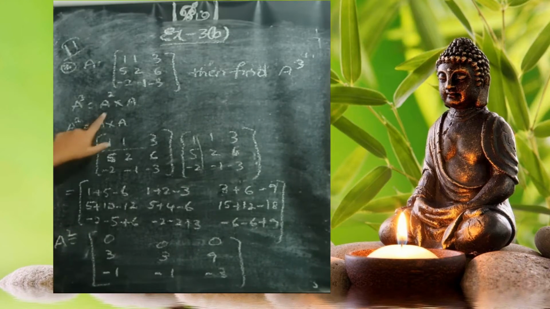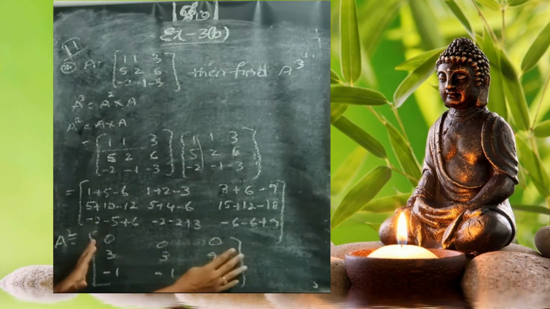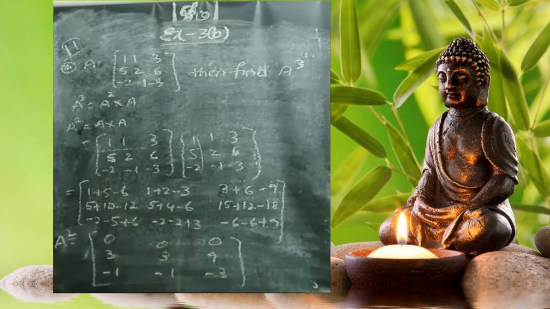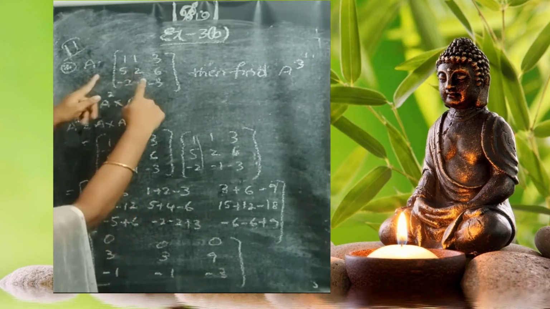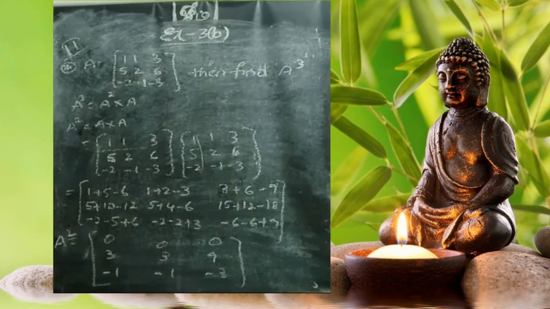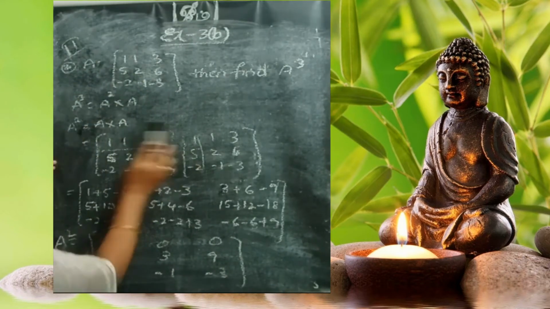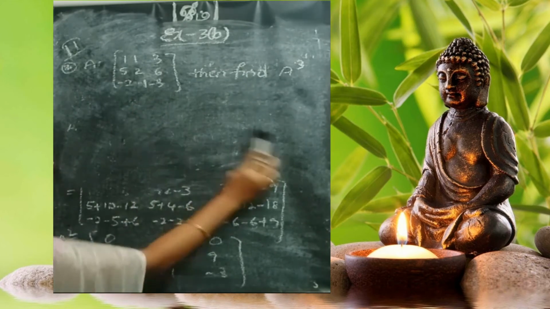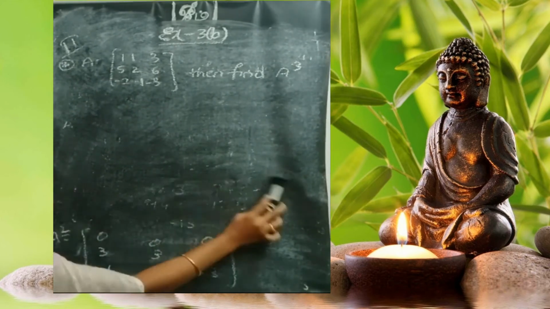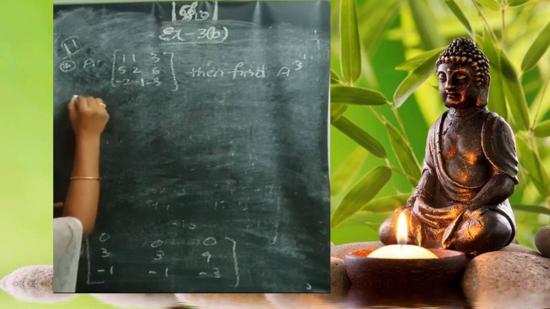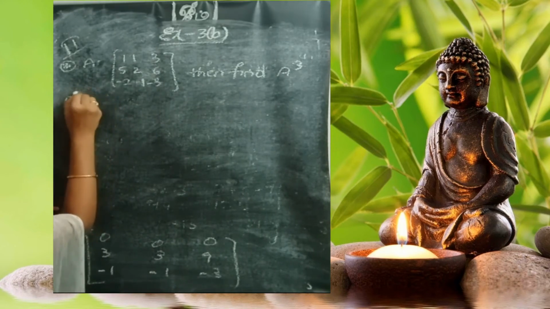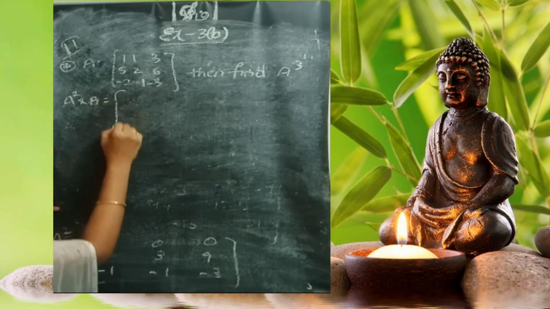Okay. Now we have to multiply with A. Don't get confused. Most students make a mistake here. They write the A square and multiply again with the same A square. No, this is the A square term. Now we have to multiply with A. So A square into A we have to do.